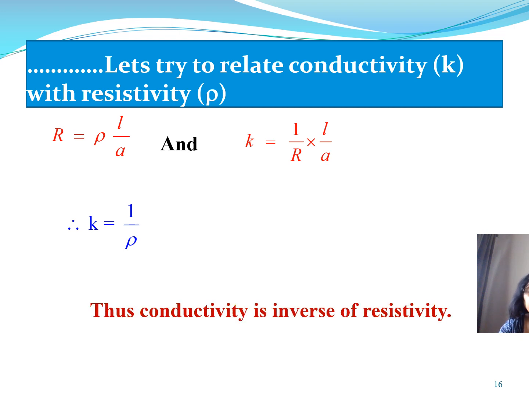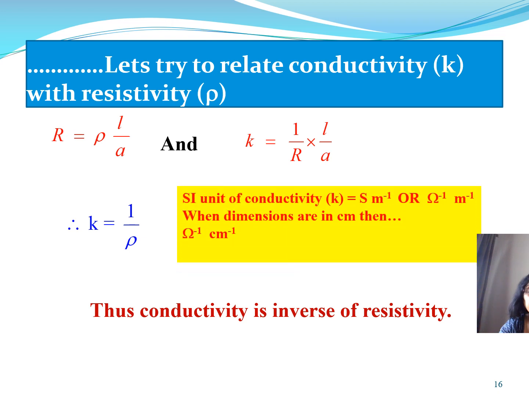Thus conductivity is the inverse of resistivity. The unit for conductivity will be Siemens meter inverse or ohm inverse meter inverse, or we can say ohm inverse centimeter inverse. Normally the cells that we take are very small in size, so we say ohm inverse centimeter inverse.